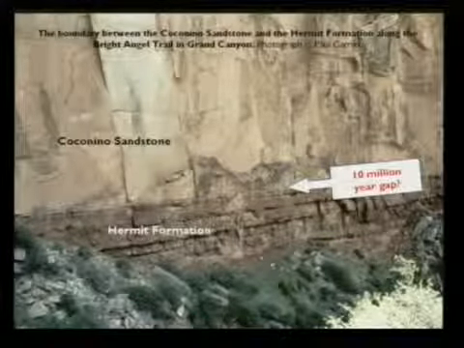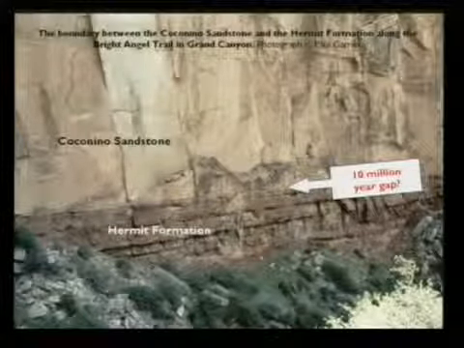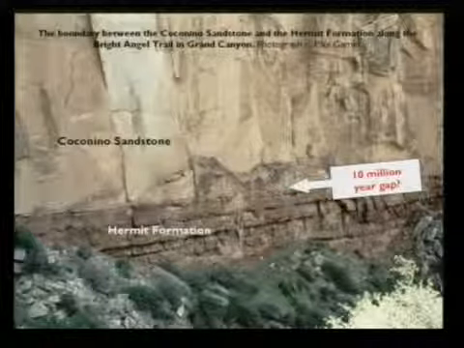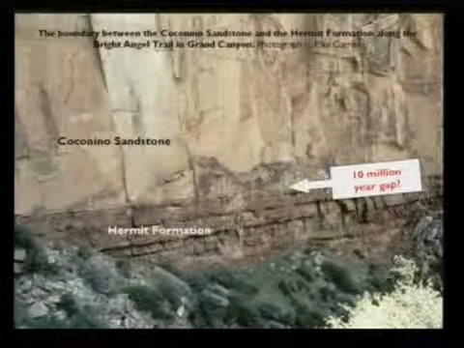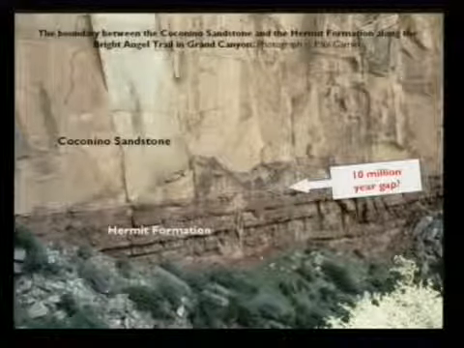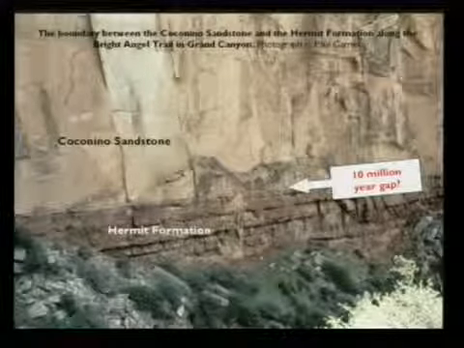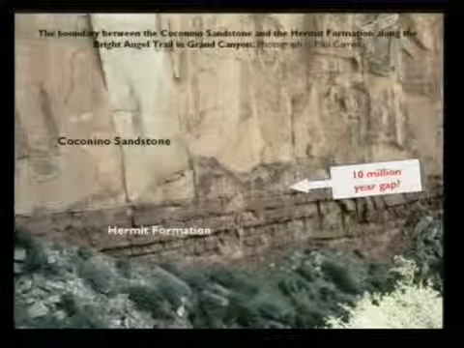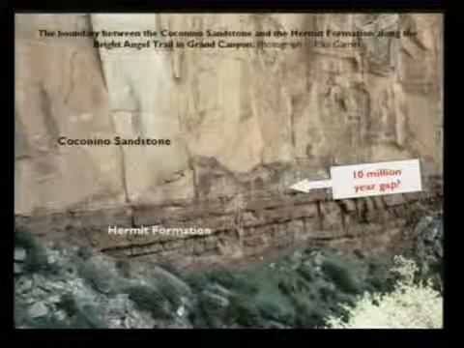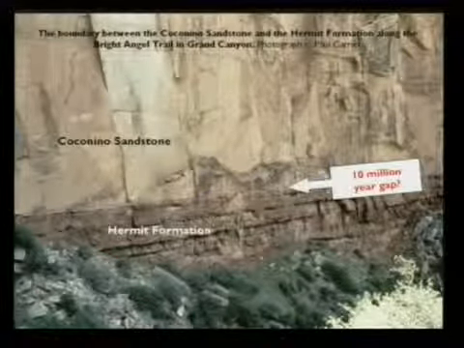And interest in this contact between these two rock formations has been increased in recent years by the discovery of a thick formation that is sandwiched between the Coconino and the Hermit Formation in central and eastern Arizona. It's a formation called the Schnebly Hill Formation, and it approaches a thickness of 2,000 feet beneath Holbrook in Arizona.